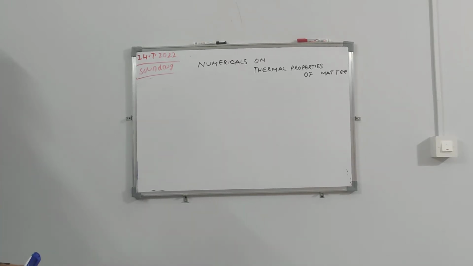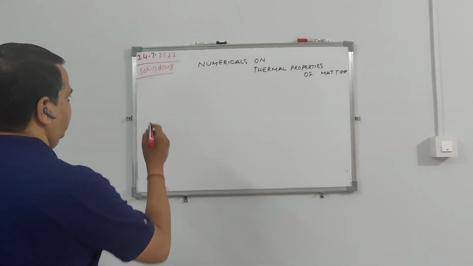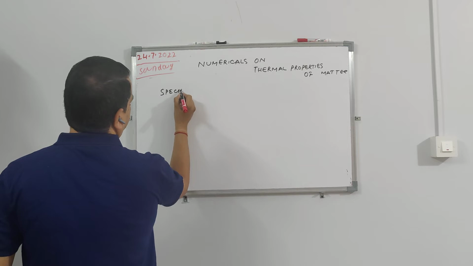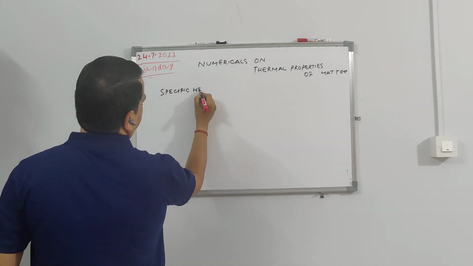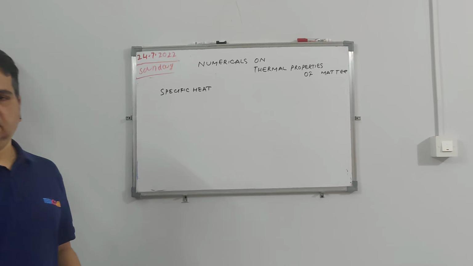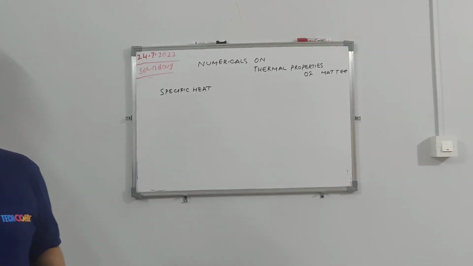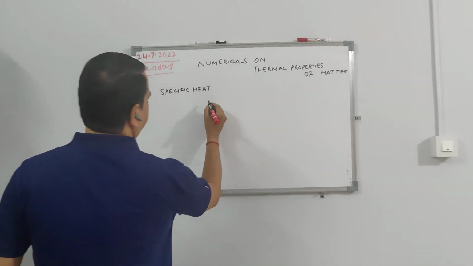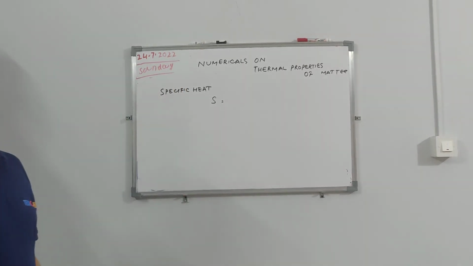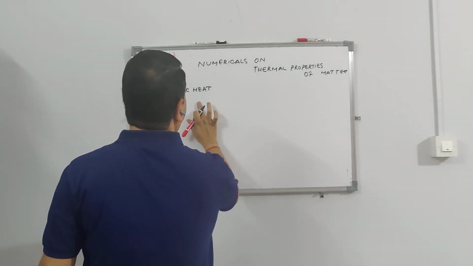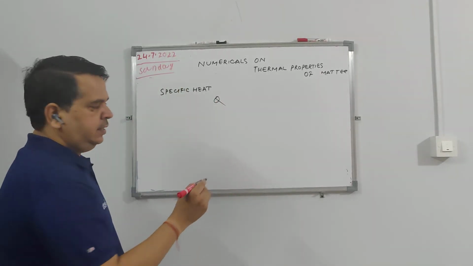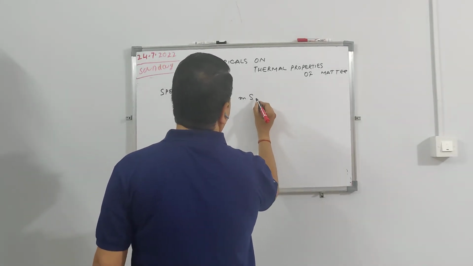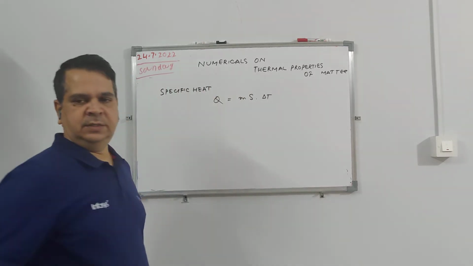Now we'll get into specific heat. So what is specific heat? The specific heat of a substance, we can write it as, let us say, S. Heat supplied is equal to mass into specific heat into rising temperature.